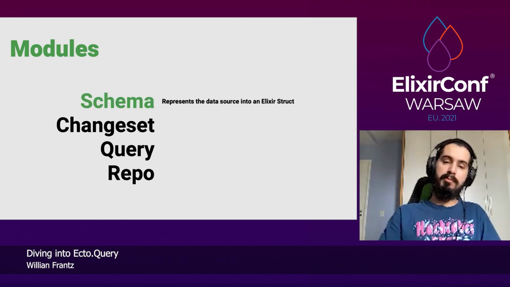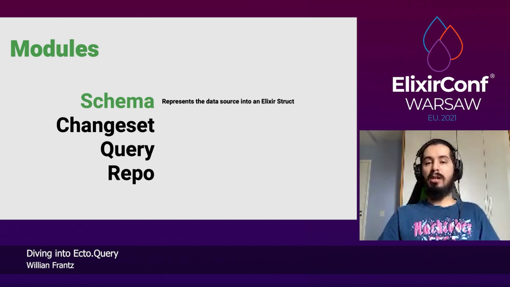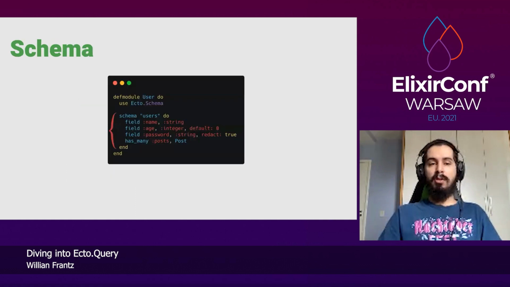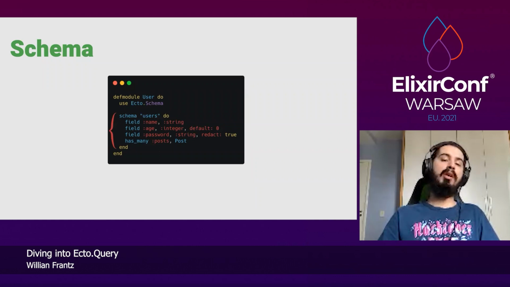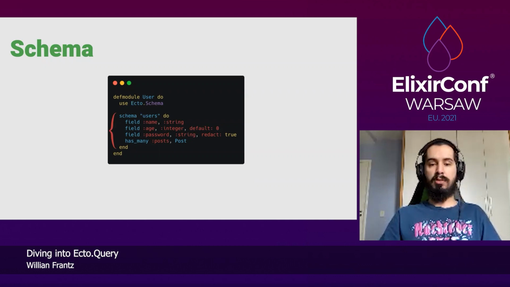The schema, which represents the data source into an Elixir struct. So we use it to model our data inside our application. So we have a table called users, and this table might have name, age, password, and it might be associated with posts, for example.